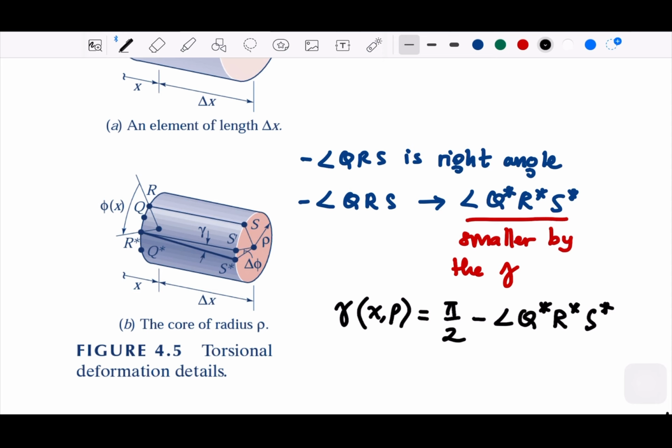Remember that at the beginning we have the right angle, and we can think of it like a rectangle, and then we twist it, and it becomes lower than the right angle. How low the angle will be is based on this new angle here.